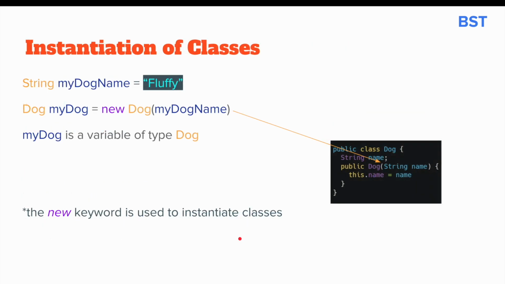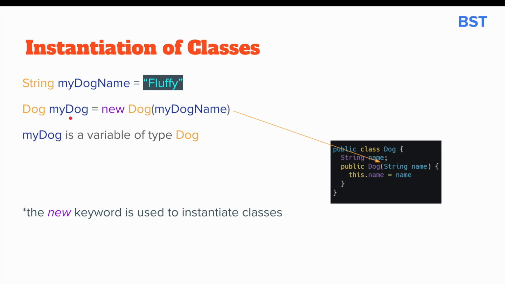Now the exception is just general classes. If I were to make a dog class with this code over here, I wouldn't just put my name or the dog. I have to say the keyword new, dog, and then put the information. So I made a string variable here, instantiated a string variable here, and I pass it through to the dog class, which I created, and I can now use my dog however I would like.